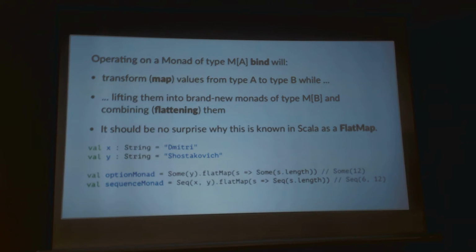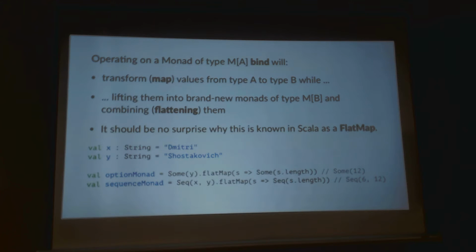Now, a few examples here. You have an option right here, and you flat map it with Some of the length. These are string values. Well, if you used a map there instead, you would end up with nested options.